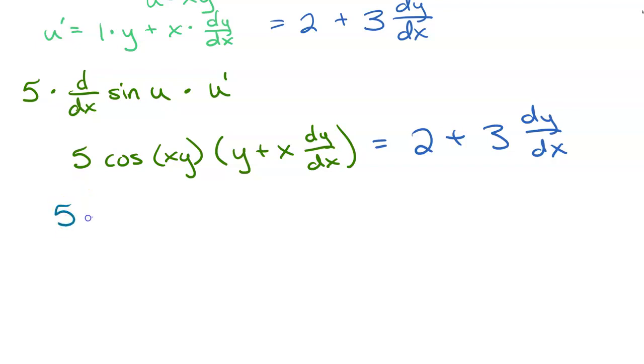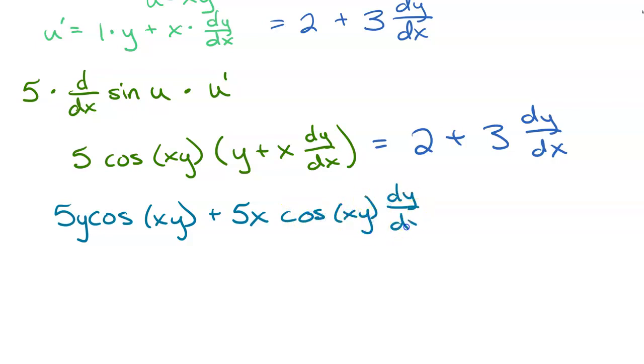So I would have 5y cosine xy plus 5x cosine of xy dy/dx equals 2 plus 3 dy/dx.